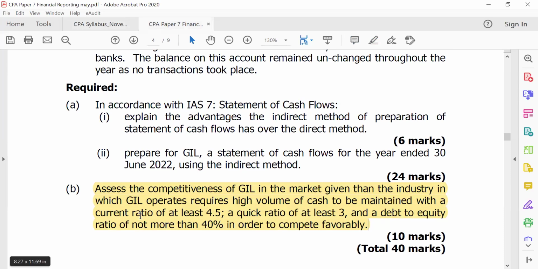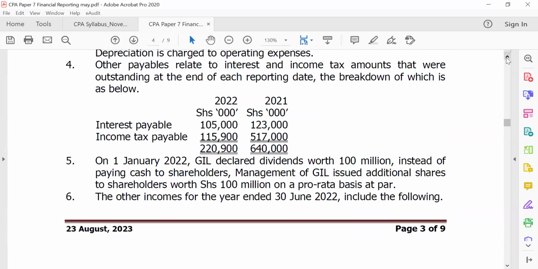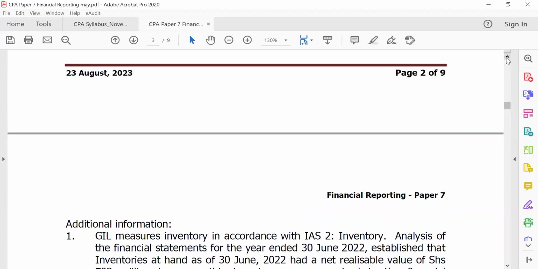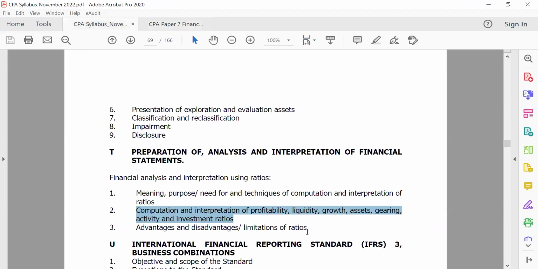For example, it's giving us the current ratio, the quick ratio, and I think these are the industry averages. Then we're able to calculate what the company's ratios are based on the information provided. So it's quite important that you understand how each of those ratios are computed.